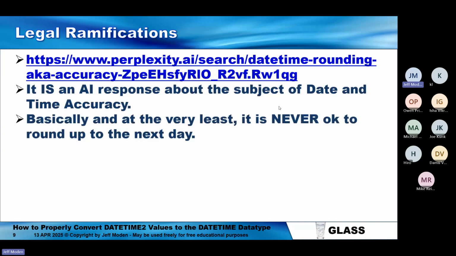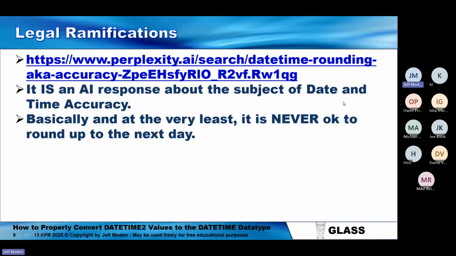I'm not an expert at it, but it turns out that, basically speaking, it is never, ever okay in finances or pretty much anything else to round up to the next day in your calculations. And for a lot of things, as you'll find out if you go and read about these things, it's getting to the point where a lot of people want things at the microsecond level.